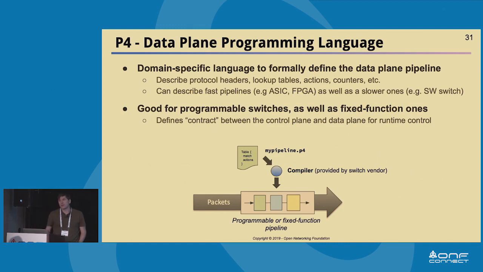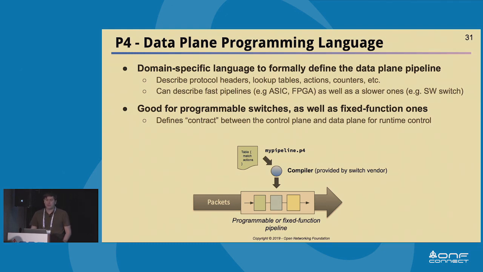P4 is essentially a programming language to define these pipelines. It's a programming language that can describe things like protocol headers, these lookup tables, the actions that can be executed in these tables, things like counters, et cetera. It can be used to describe both very high-speed devices like ASIC-based or FPGA, as well as lower-speed ones, like, for example, a software switch or virtual switch running inside Linux.